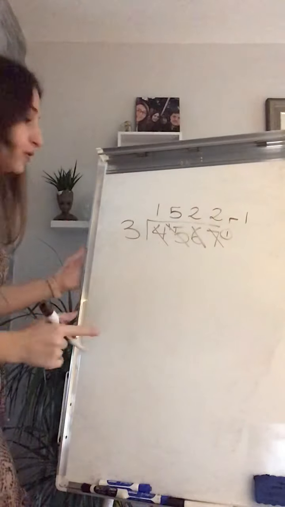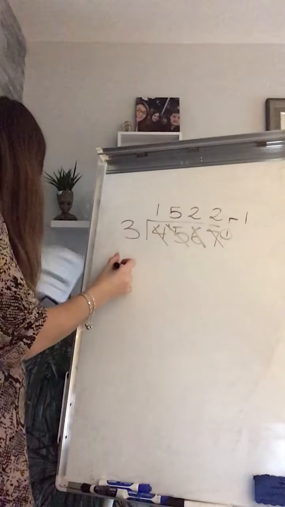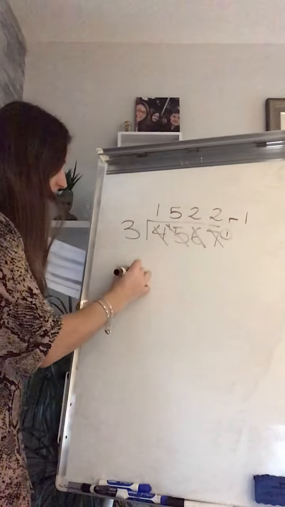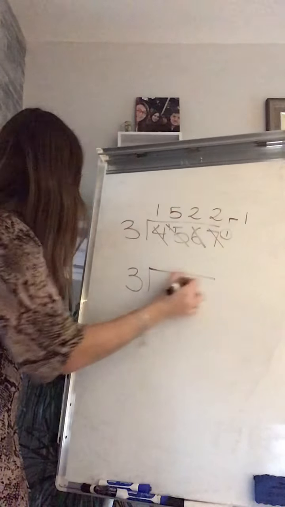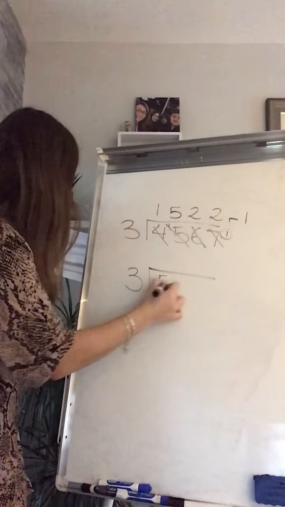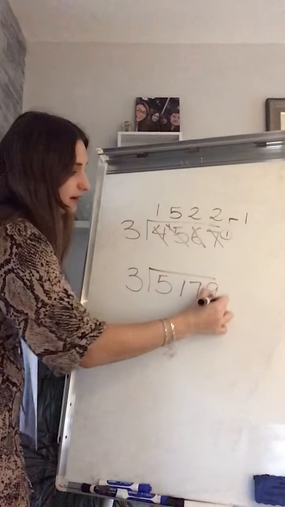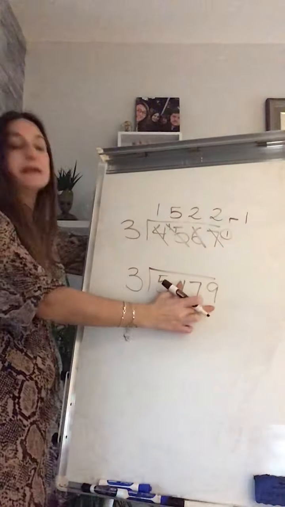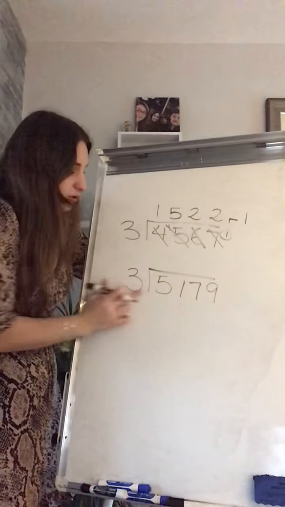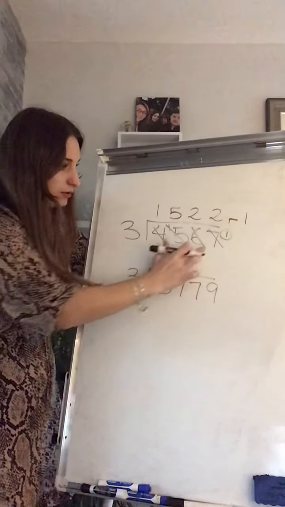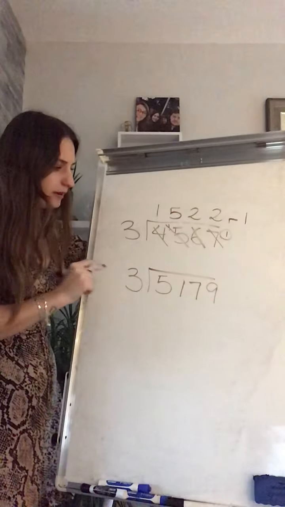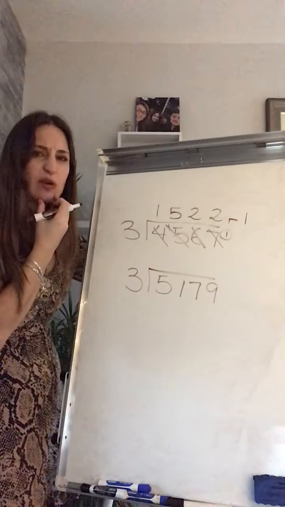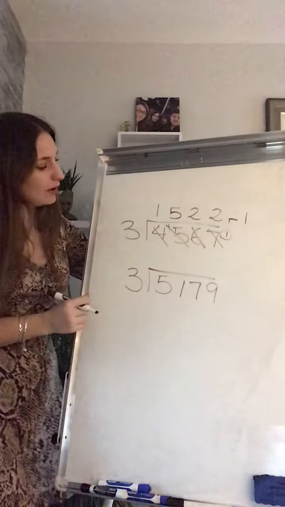Okay, let's do another one. Let me show you another one. This time I'm going to divide 5,179 by 3. Let's see what happens here, because at the minute I can see that 9 is on my 3 timetable, not like 7. Let's see why this one will have a remainder. What do you think? Will it have? It will. Let's see why.